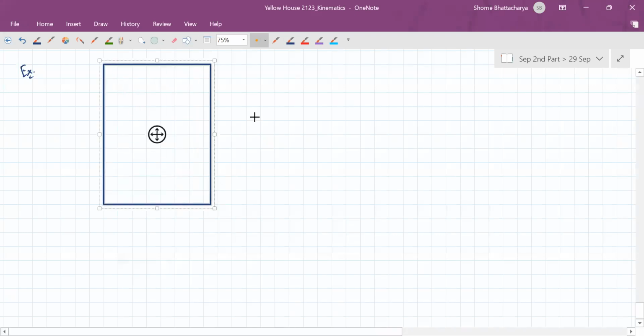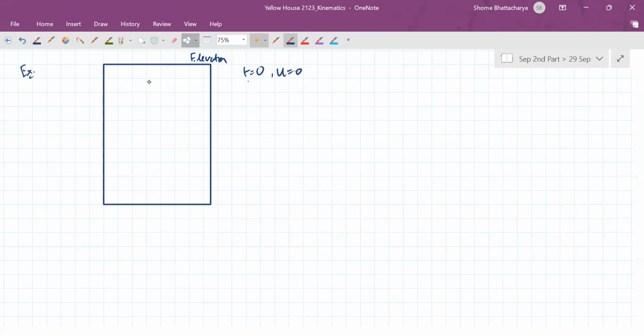So what happens is that we have this elevator which starts at t equal to 0 with initial velocity equal to 0, but it has a downward acceleration of 2 meters per second square.